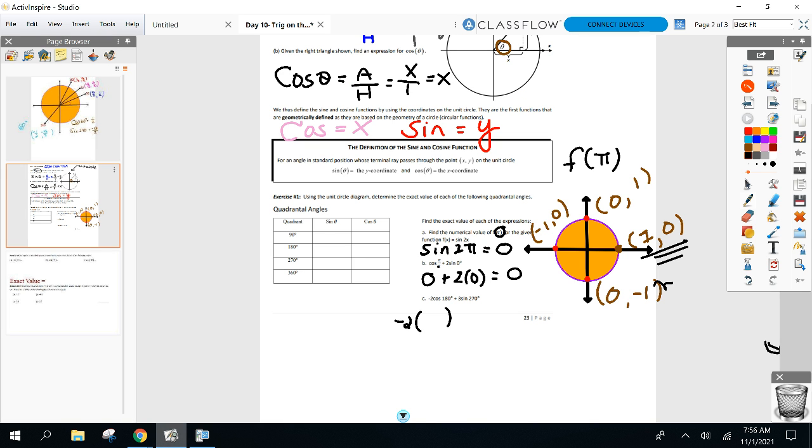Which are we taking, the x or the y for cosine, Connor? We want to look back. The x. So which one's the x at 180? It's going to be -1. So I plug in the -1. We're all good. Plus 3 sine 270. Look at 270. Figure out which coordinate I need out of those two.